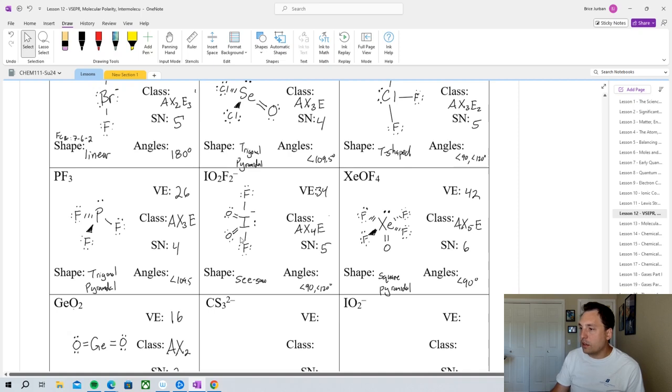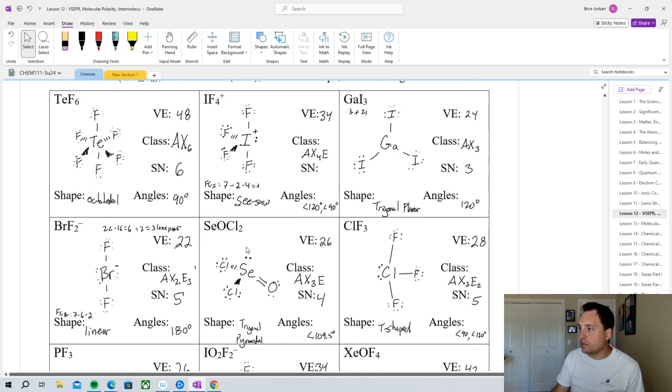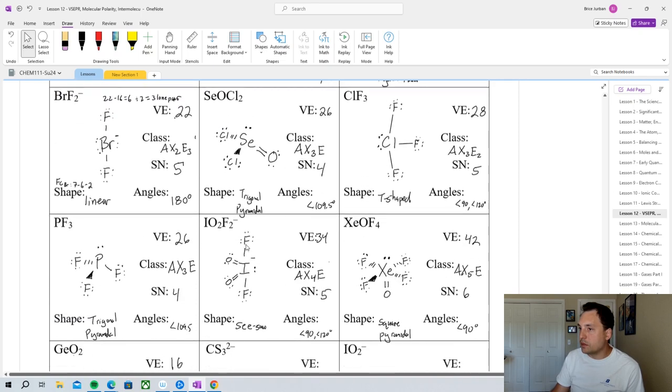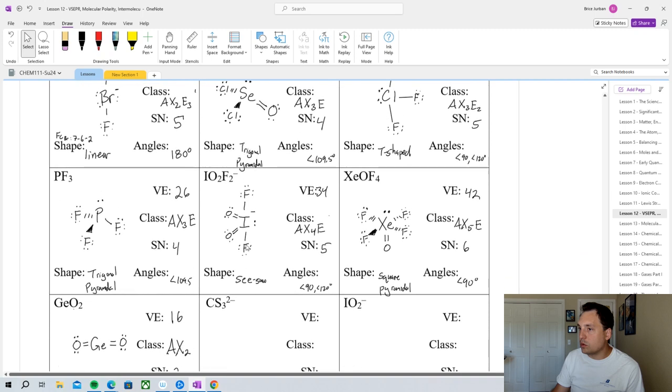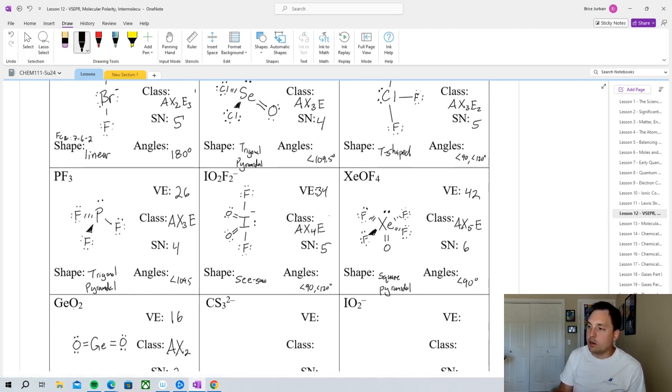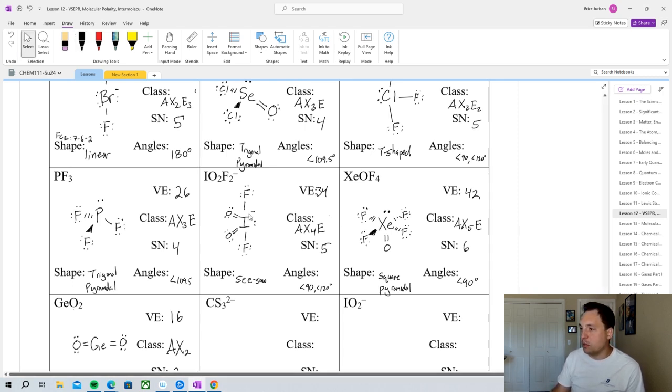And now that I'm thinking about it, this molecule here also has a resonance structure. Because one of the rules I was talking about in the last lesson was for Lewis structures, we want to put the negative charge on the more electronegative atom.